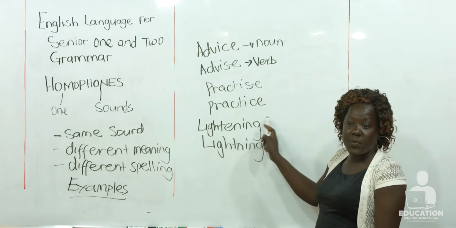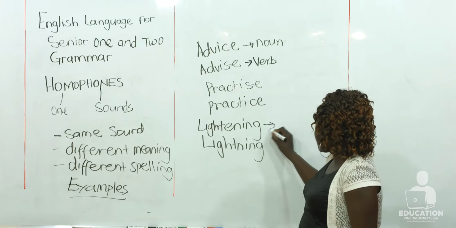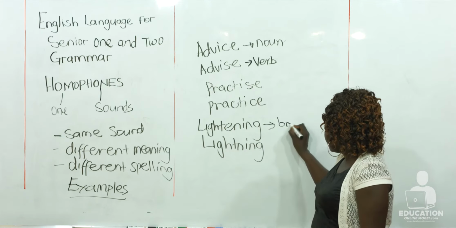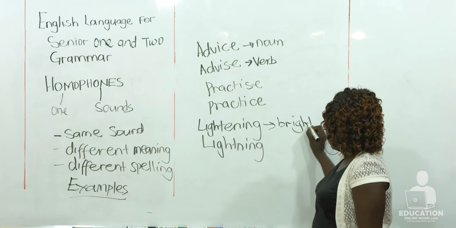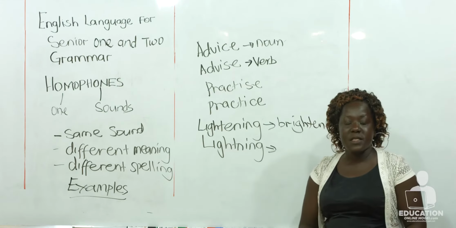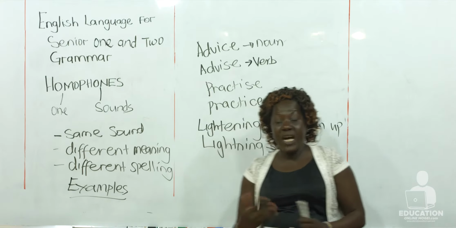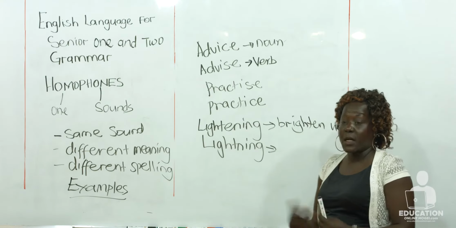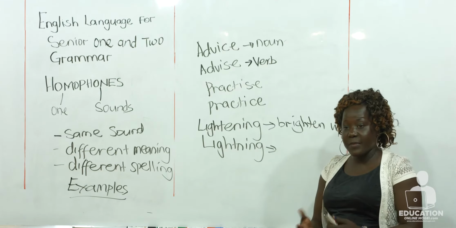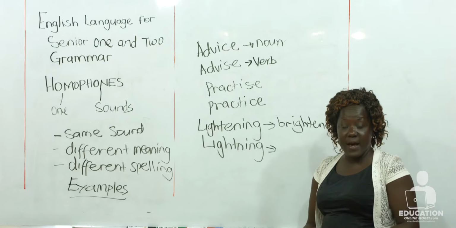This one means to brighten up. The person bought lightening cream to brighten up. Meanwhile, this one means the electrical charges that happen in the cloud to form fire. Sometimes it happens in the bush. It causes wildfire in the bush.